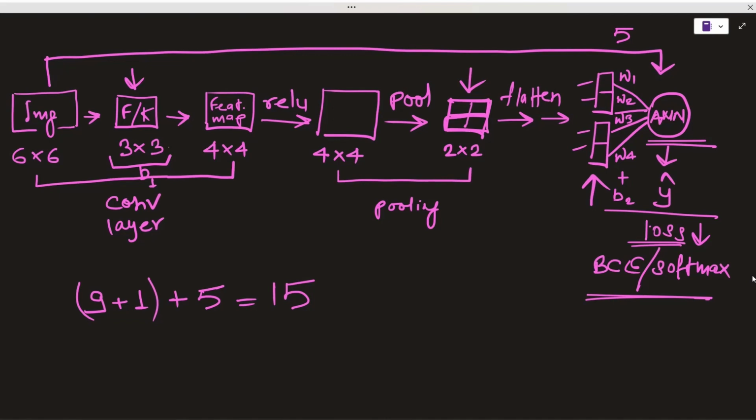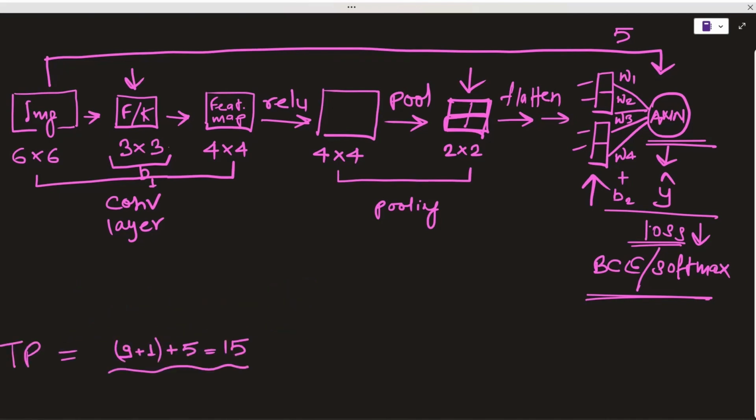And since now we have understood how many trainable parameters we have, let's try to understand the backward propagation operation over here. So basically I want to keep this lecture in such a way that this should be the only video that you will ever need in order to understand backpropagation in CNN. So definitely this is going to be a bit lengthy.